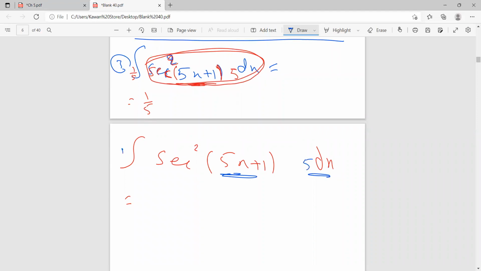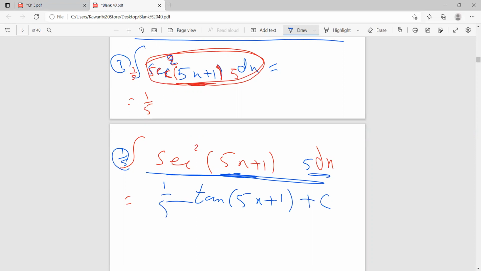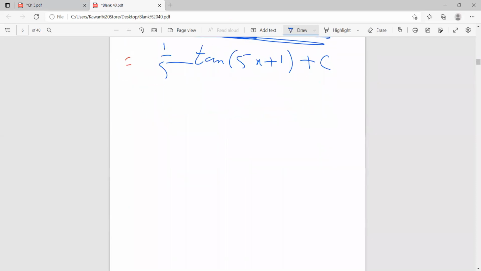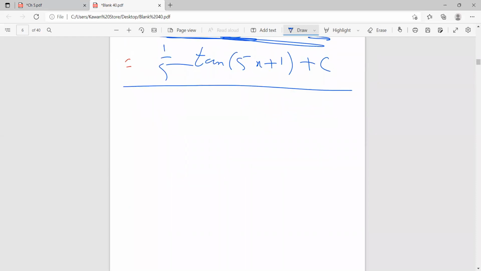Now I'm going to put 1 over 5 outside. Now this one is ready. When I say ready, it means that it is equal to tan of (5x plus 1) plus c, and also we have 1 over 5. Understood, dear?